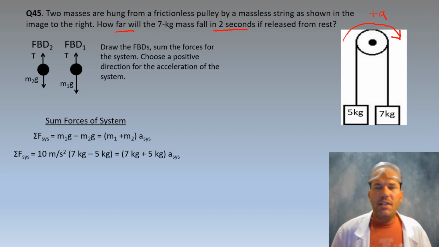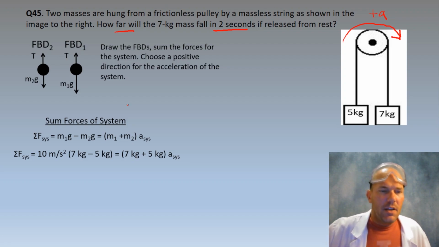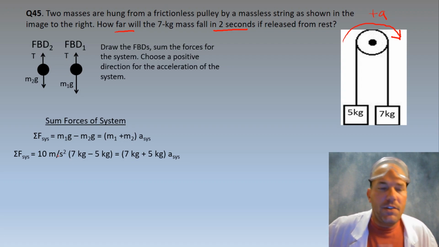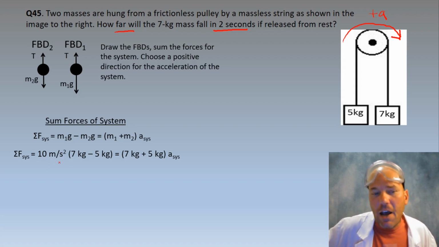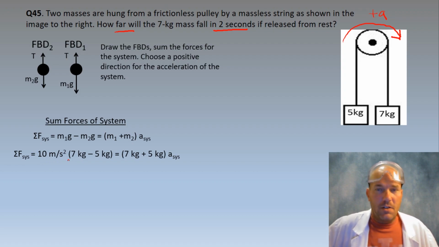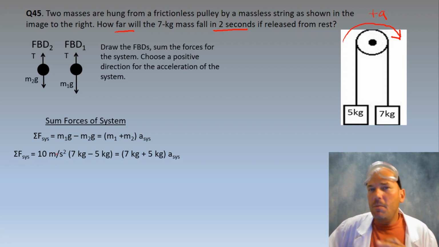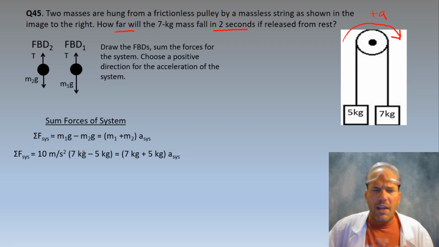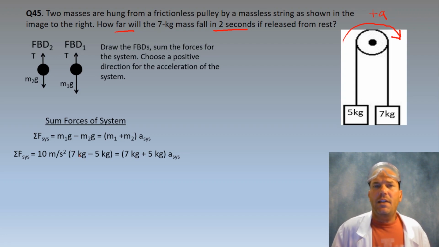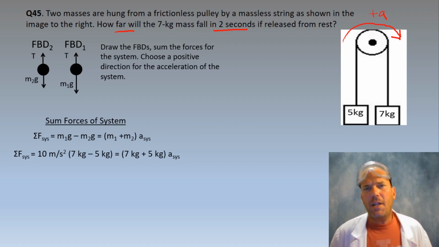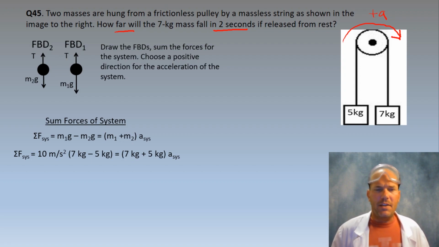So you can see here with the summation, I've taken the acceleration due to gravity and factored it out, which we showed in the last problem, but it didn't have any numbers. So we're essentially saying the difference between the masses, and then that quantity multiplied by the acceleration due to gravity.